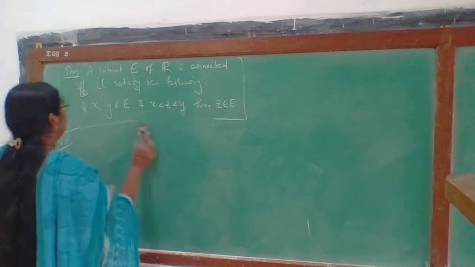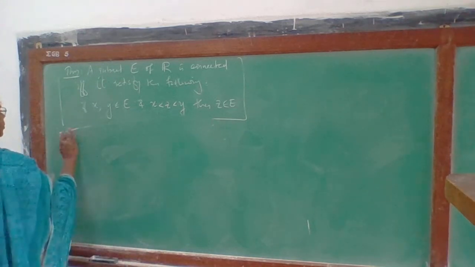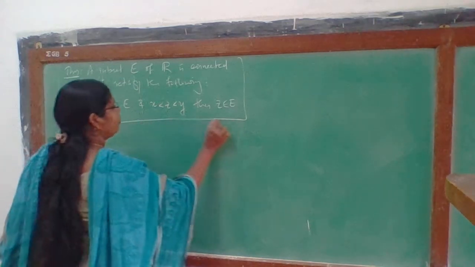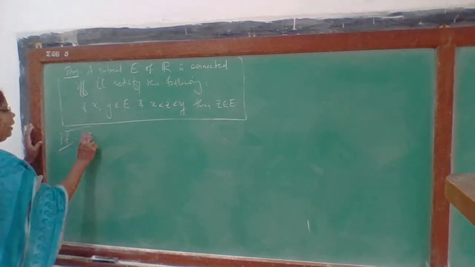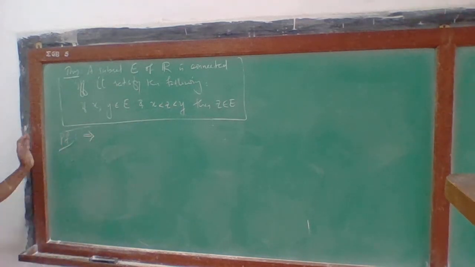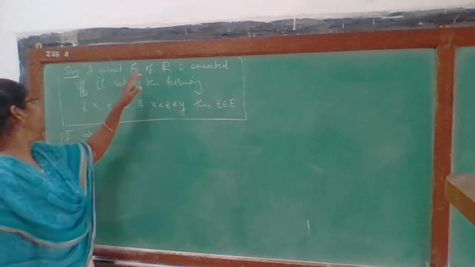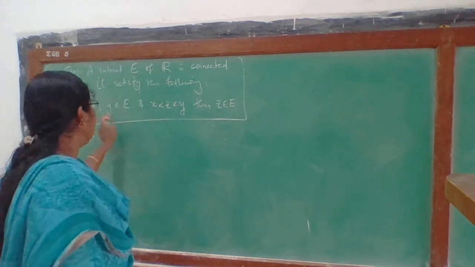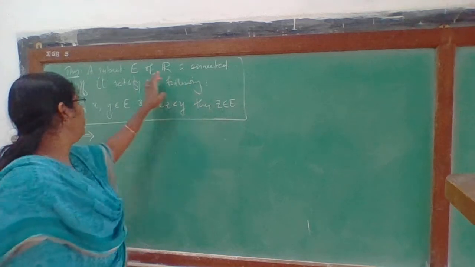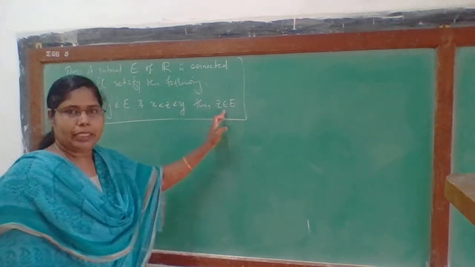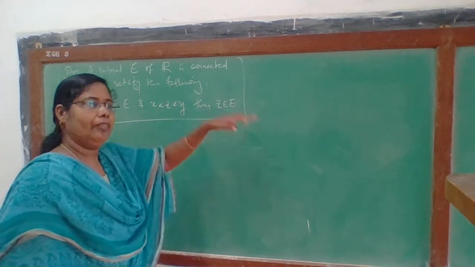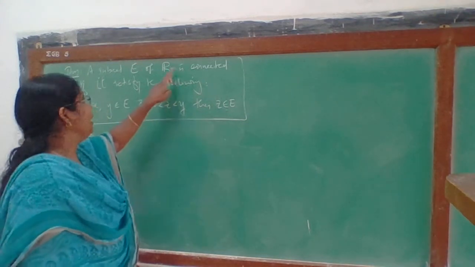So here suppose, in order to prove the implies part, that is if E is a connected subset of R, then E satisfies this one. Okay, we want to prove this. So we assume E does not satisfy this, then we want to prove that E is not connected.